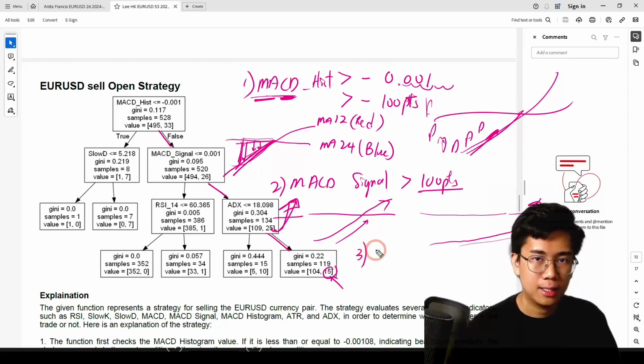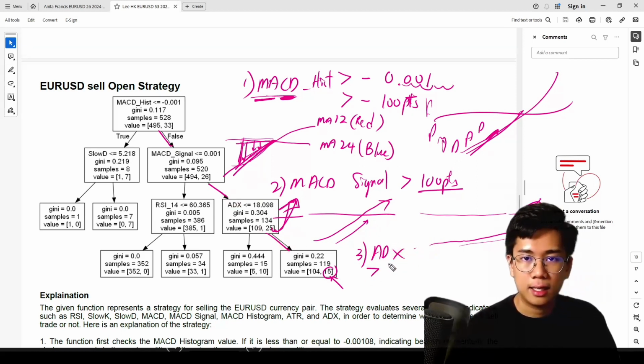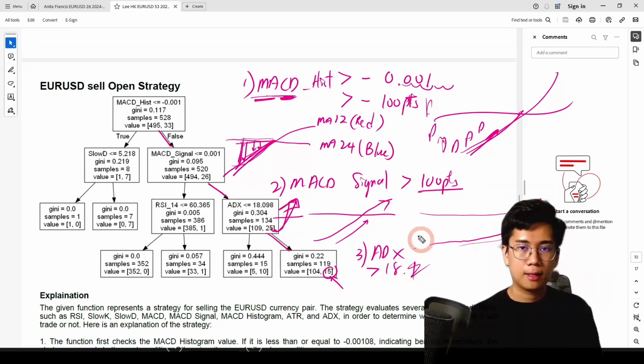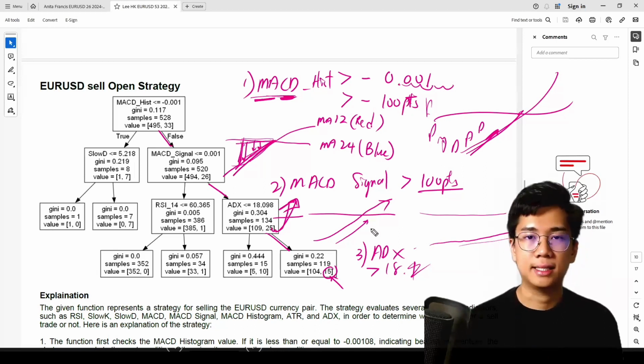And the third one is ADX. False again, larger than 18.1. I've just put 18. ADX is a trend indicator.